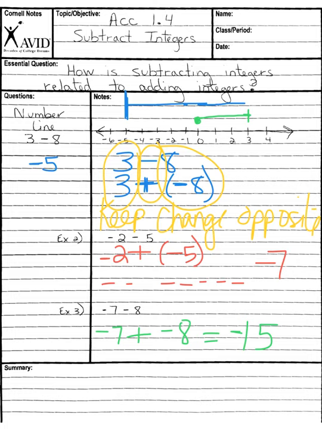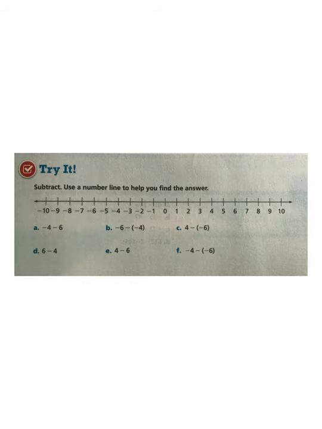Let's go ahead and look at the triad on 27. And here we have a number line, and a number line can help us. I'll be honest, sometimes a number line's good, but I really prefer to just think of my positive and negative symbols like we've done before. So I want to go through A, B, C, D, E, and F, and I want to make sure we get all of those changed to addition.